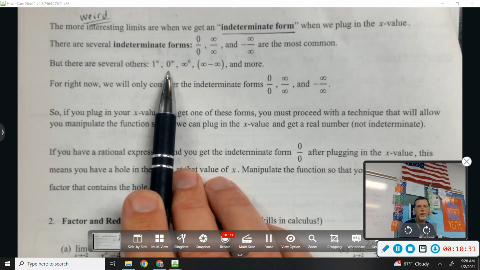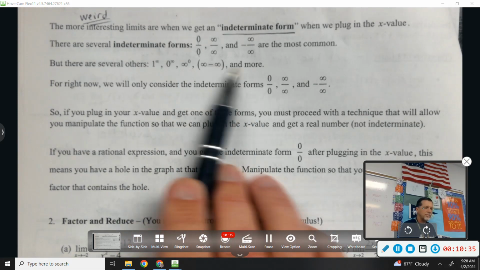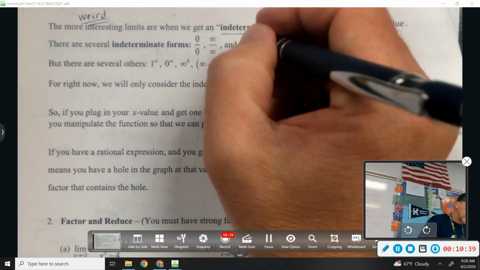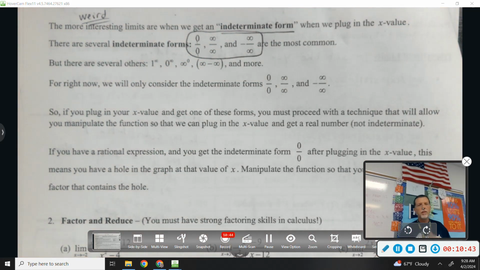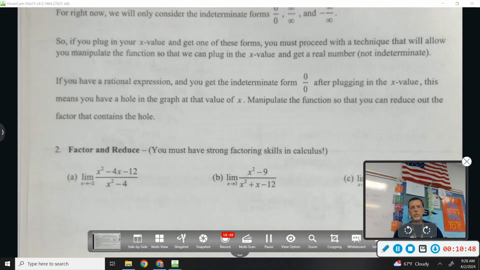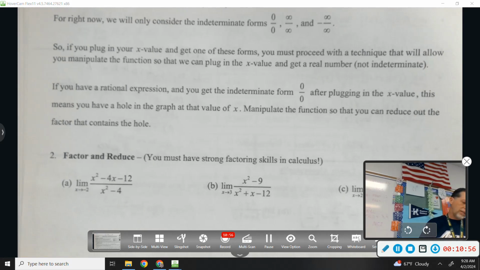What if it's like 0.00001? Some other weird things. For right now, those are the only ones we're going to worry about. So we're going to substitute. If we get one of those, then we have to jump to one of our algebra techniques.